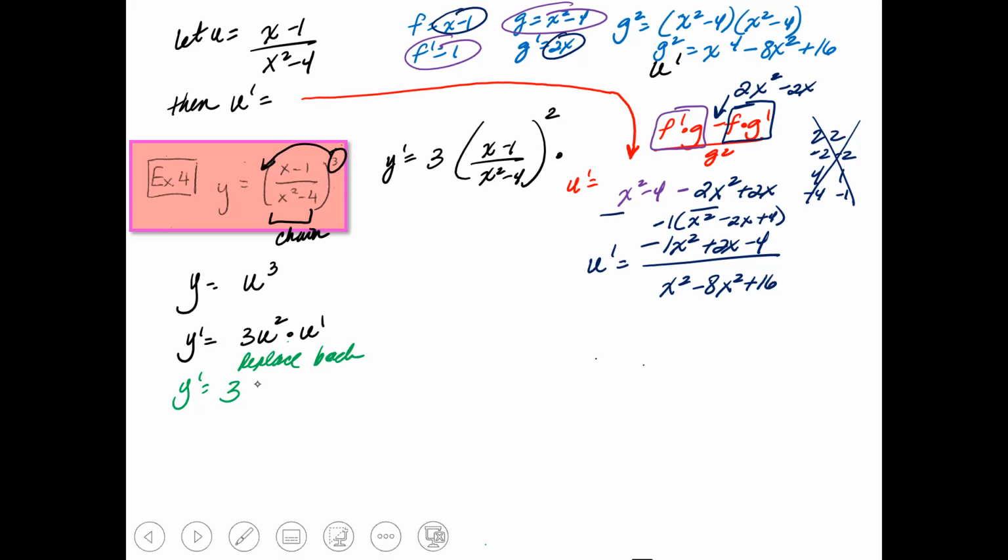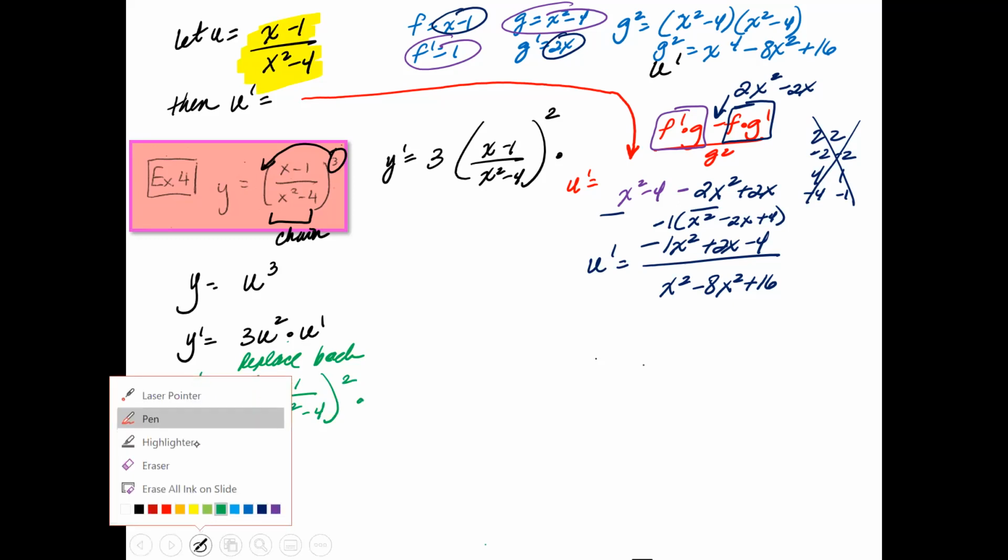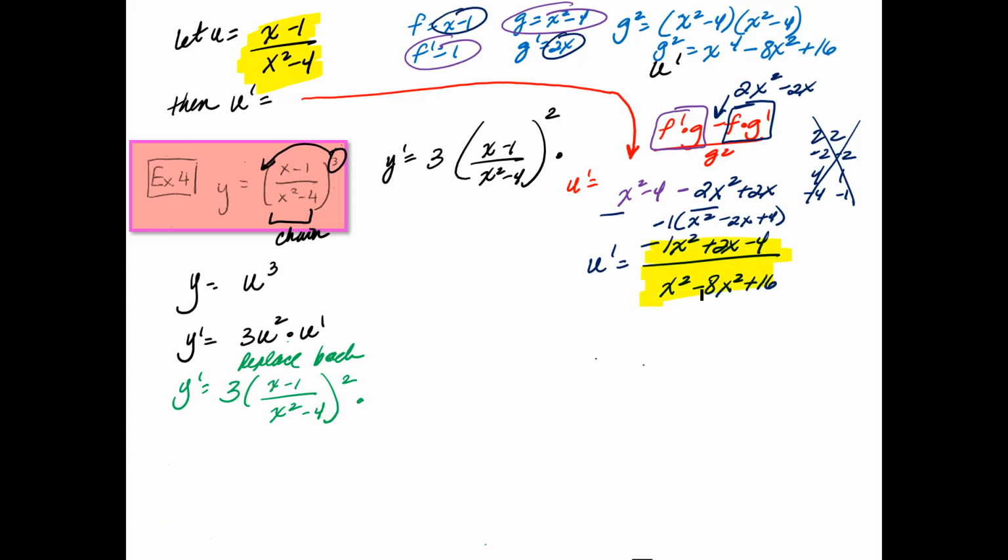U squared, excuse me, is going to be, you had u as this part right here. So then I will have x minus 1 over x squared minus 4 squared times u prime. U prime is right here.